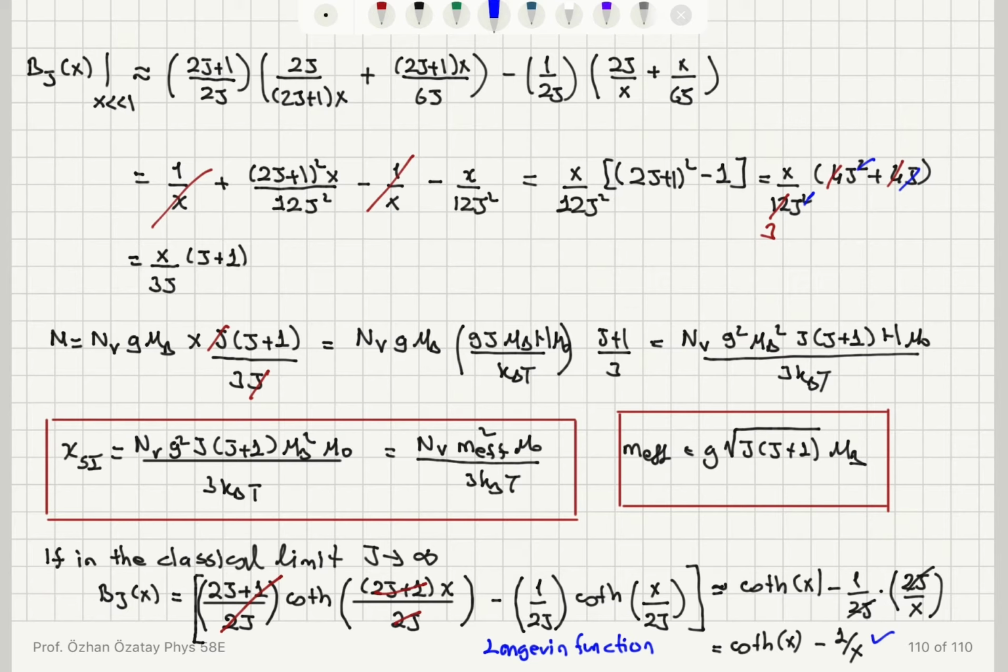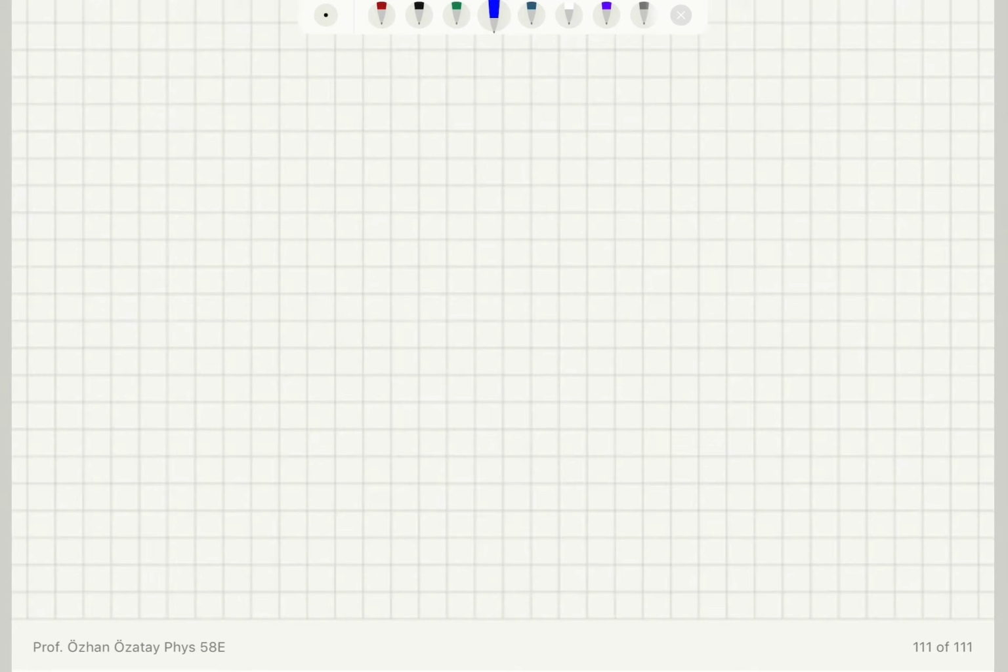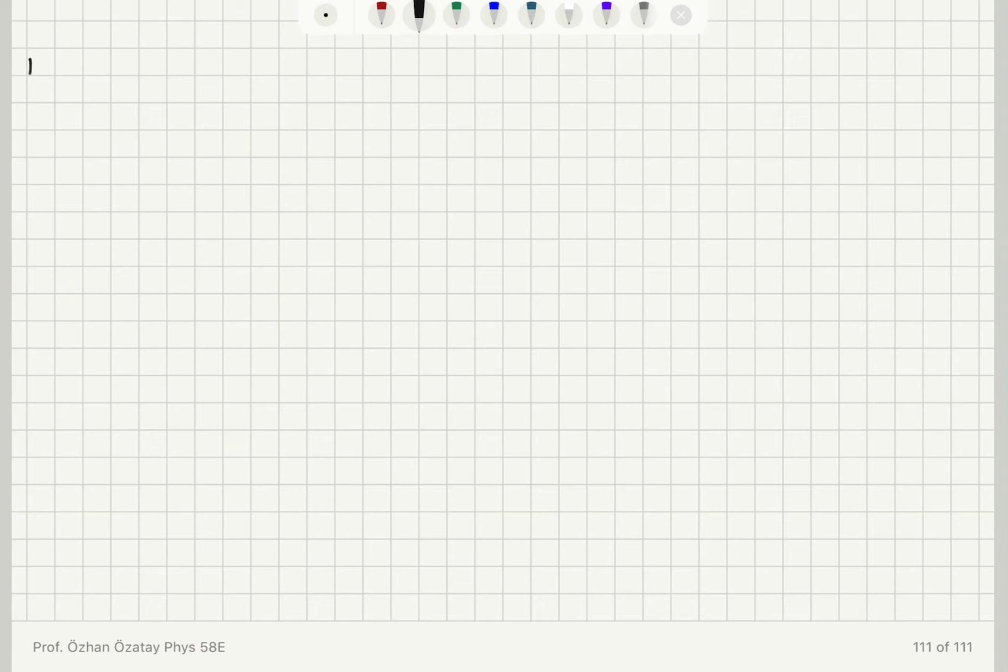And one other limit I would like to check is what happens if I substitute for j 1 over 2. If j is equal to 1 over 2, so that I have a single electron spin, I also have a result for this one. For the single electron spin, what happens to the Brillouin function? So the Brillouin function for j equals 1 over 2 in x.